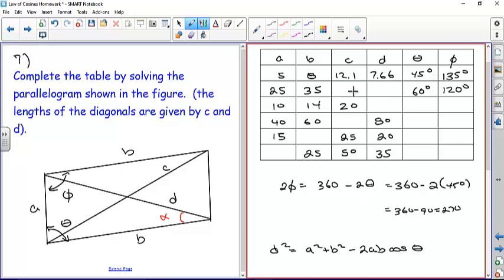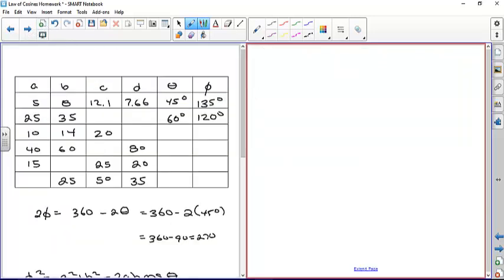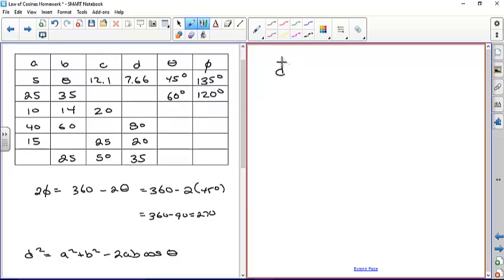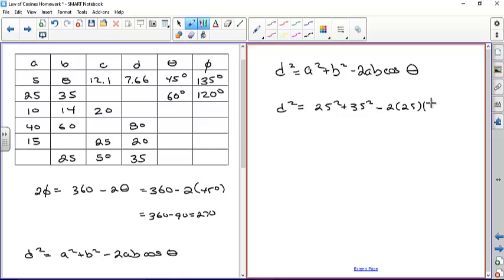Okay, so the next one is exactly the same kind of calculation. D squared is equal to A squared plus B squared minus 2AB cosine of theta. So D squared is equal to 25 squared plus 35 squared minus 2 times 25 times 35 times the cosine of 60 degrees.